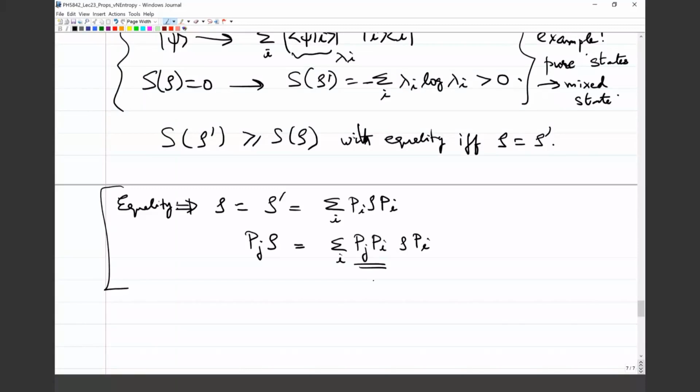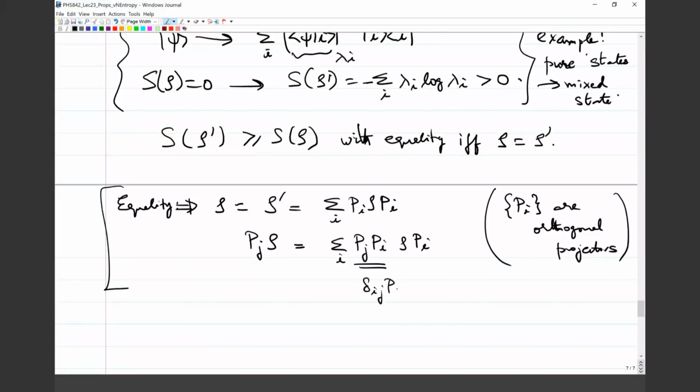Because they are a set of orthogonal projectors, remember, this is nothing but delta_ij P_i, or P_j. So then this becomes nothing but P_j rho P_j, right?